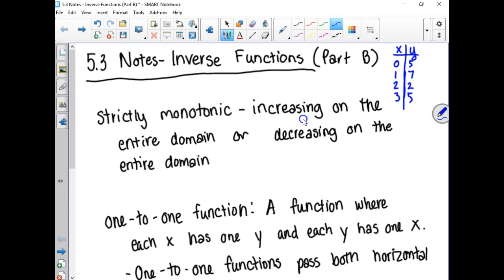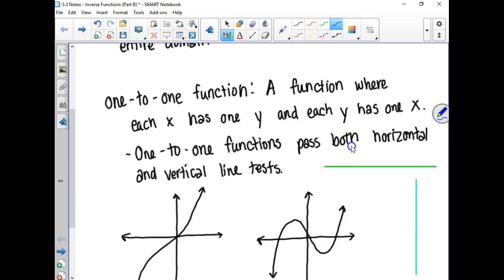We also did like a vertical line test. So for each x value, we can only have one y value. So like this would be a function because none of the x's repeat. The y here repeats, but that's okay. It's still a function. But a one-to-one function is different.